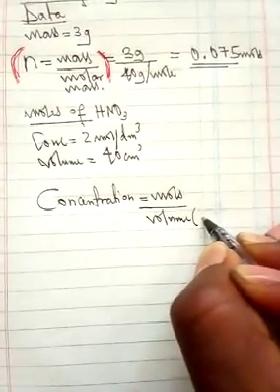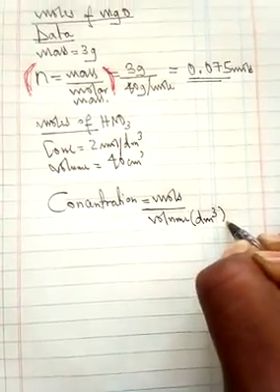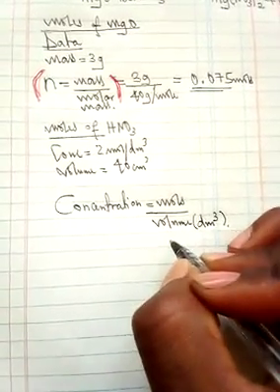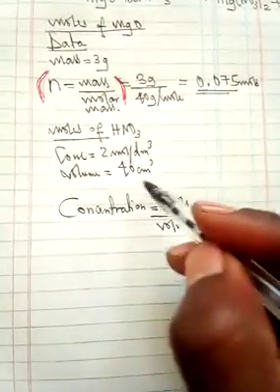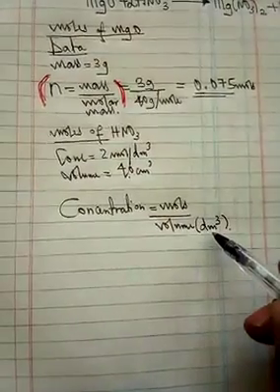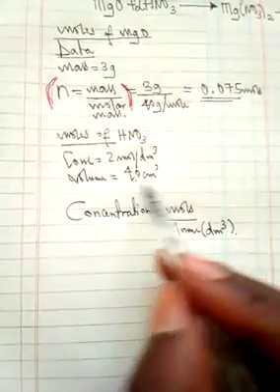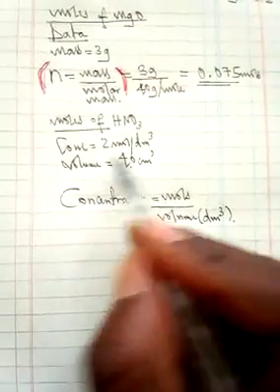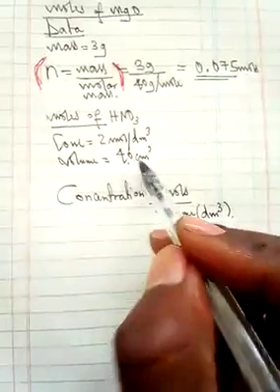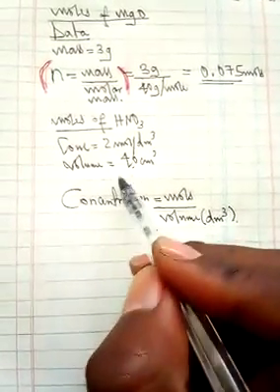There is a restriction though. Your volume is supposed to be in decimeters cubed. What have we here? 40 centimeters cubed. What do we have here? Decimeters cubed, which means that there are going to be some conversions which we are going to make at this particular stage.